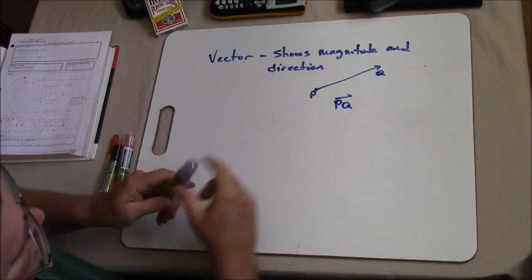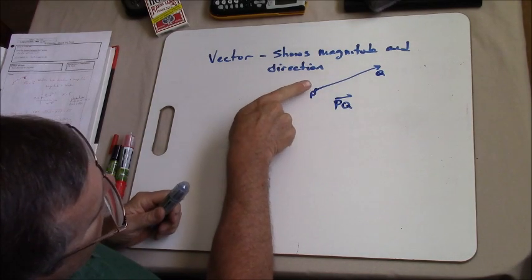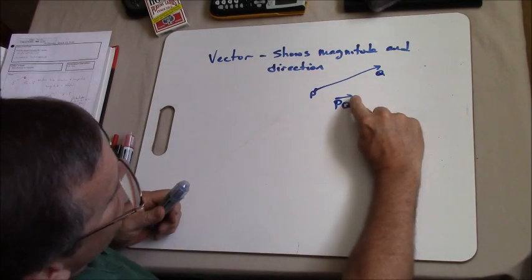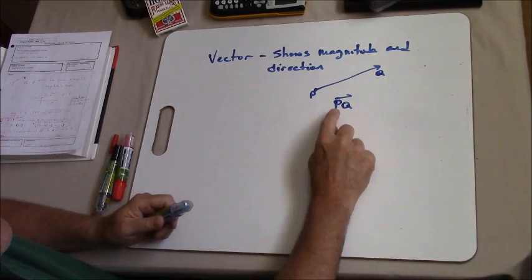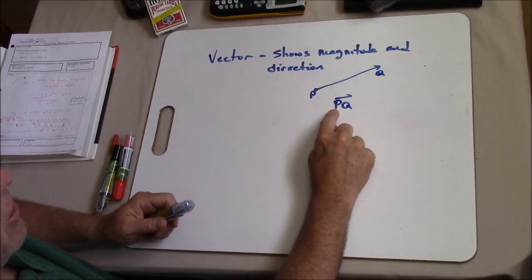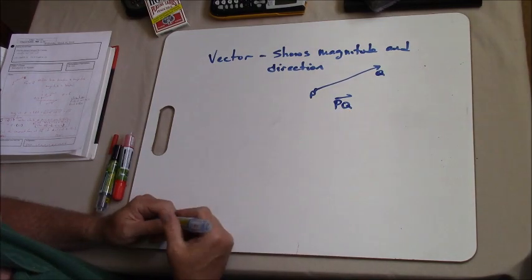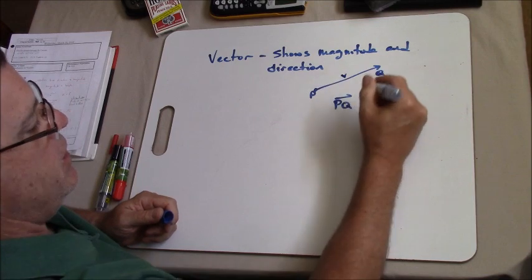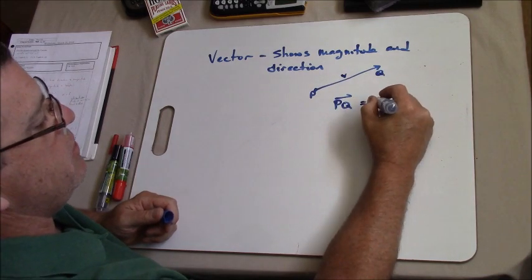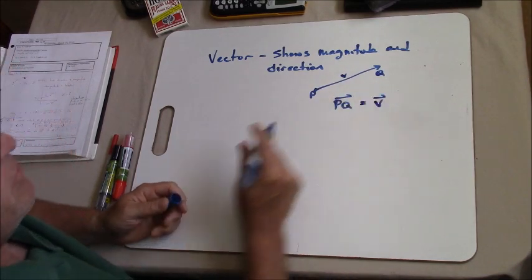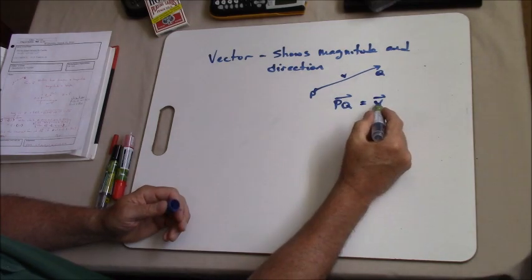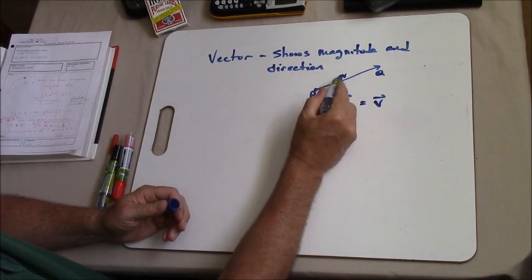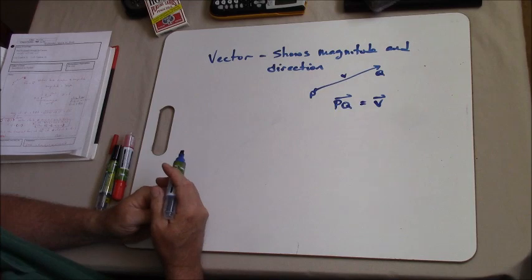It starts at point P and the arrow goes through point Q. So this arrow is showing the direction that we're going, starting at this point and going through this point. Another way they might do this is give it a lowercase letter like v. We could say this is vector v. It doesn't really tell us which direction it's going, we're just calling it the vector v.